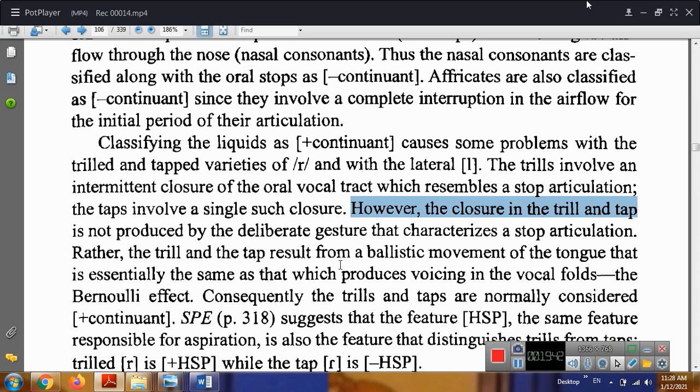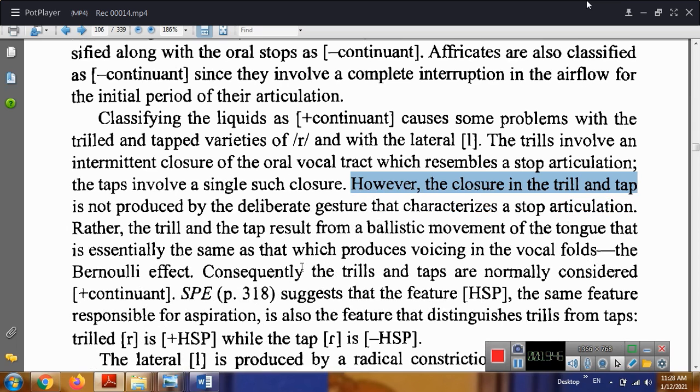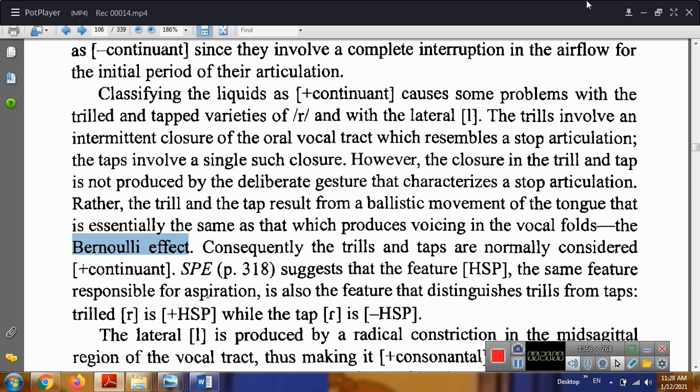But here we don't make this closure intentionally. Rather, the trill and the tap result from a ballistic movement of the tongue that is essentially the same as that which produces voicing in the vocal folds, the Bernoulli effect.